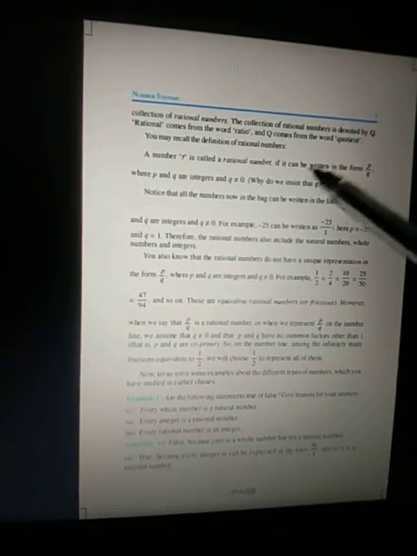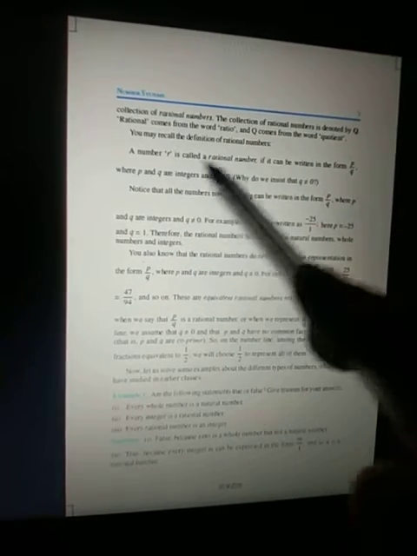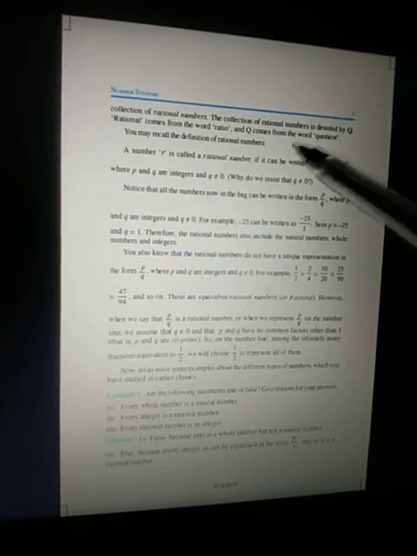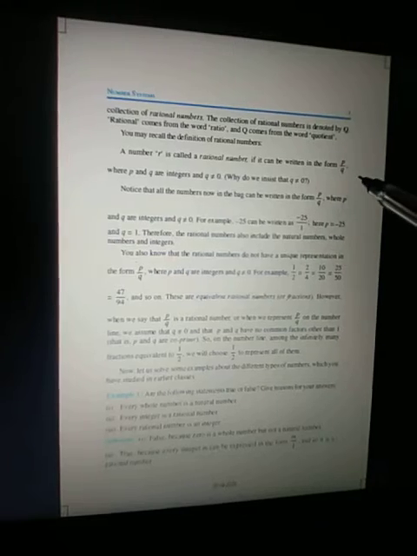The collection of rational numbers is denoted by Q. Rational numbers come from the word ratio, that is Q being a quotient. Simply, we can denote a rational number as r = p/q, where p and q should be integers, but q should not be equal to 0.